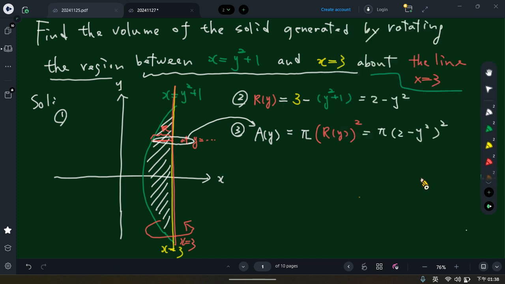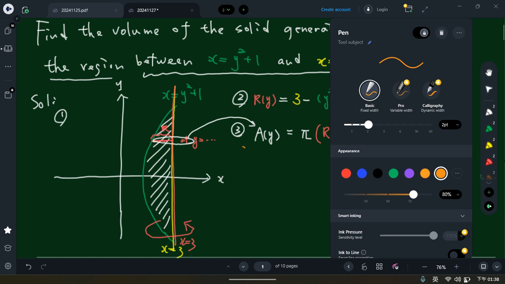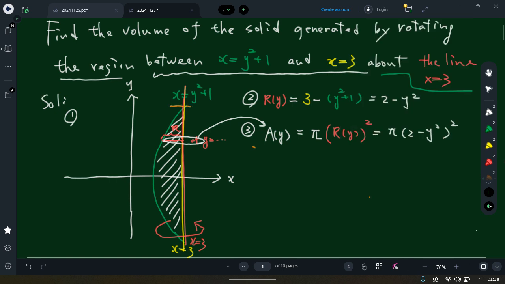Maybe the third step should be the other one. The step is, we already know the disk size, but we also need to know where its start point and end point are.